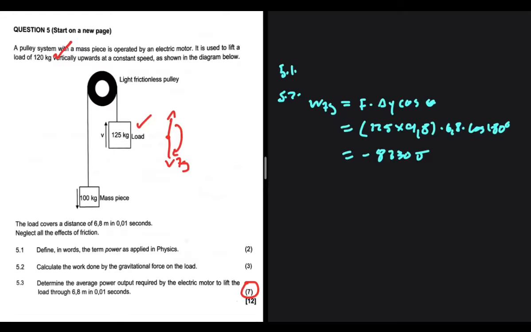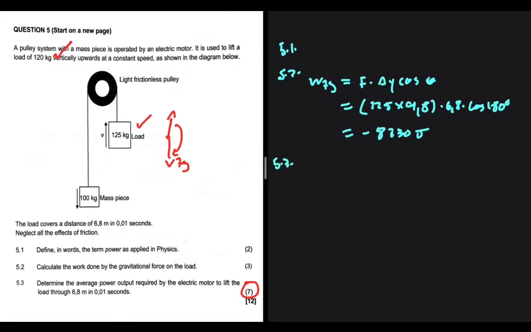And now, 5.3. Determine the average power output required by the electric motor to lift the load through 6.8 meters in 0.01 seconds. So the key takeaway here is the fact that they are moving at a constant velocity. So we can set up our equation in the following way. Work net is equal to change in EK.